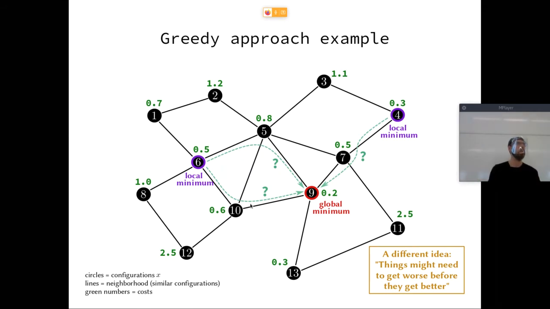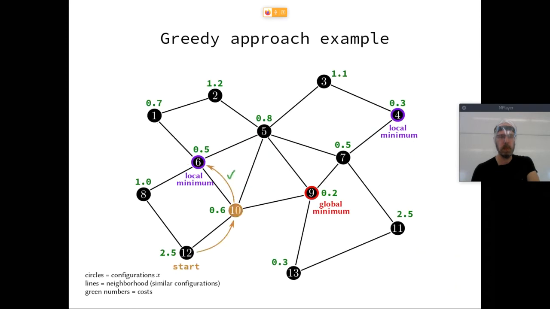You want to do moves which are not beneficial immediately, but in the hope that later on you will get to a better situation. All right? Understood? Remember that this is an abstract representation of our graph, and in principle, when we deal with this, it's going to be huge.